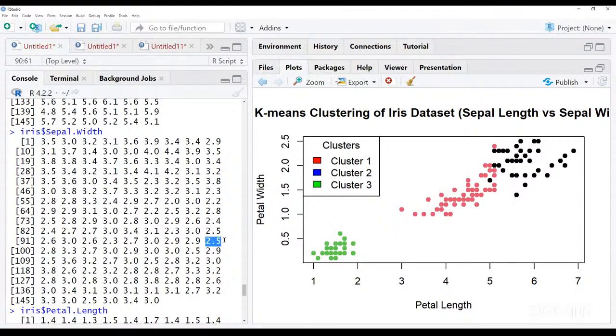Go to the petal width. No, it is not like that. It is not a typical regression model.